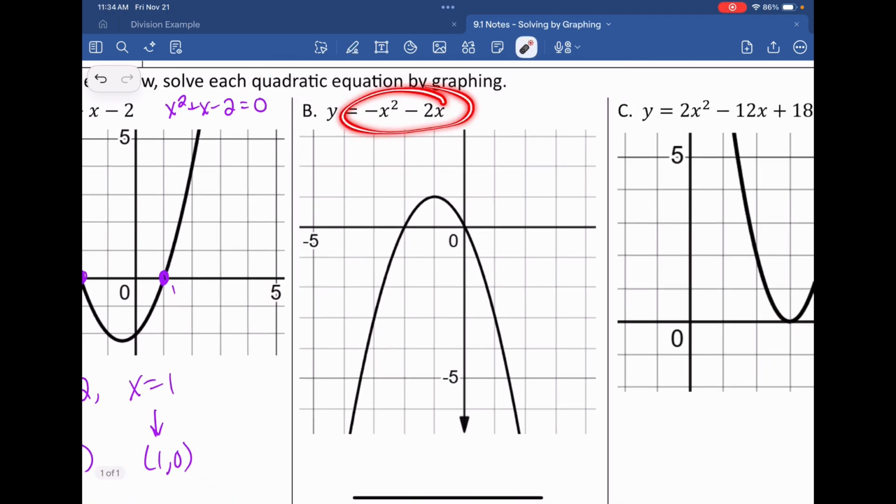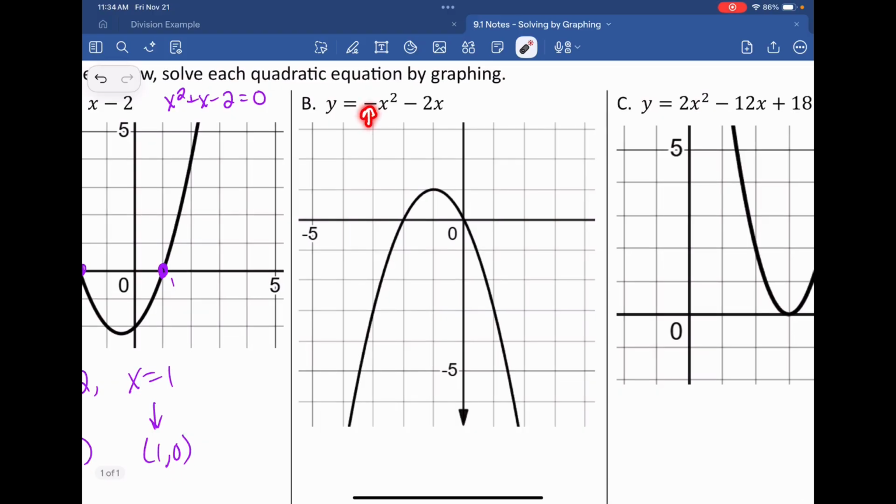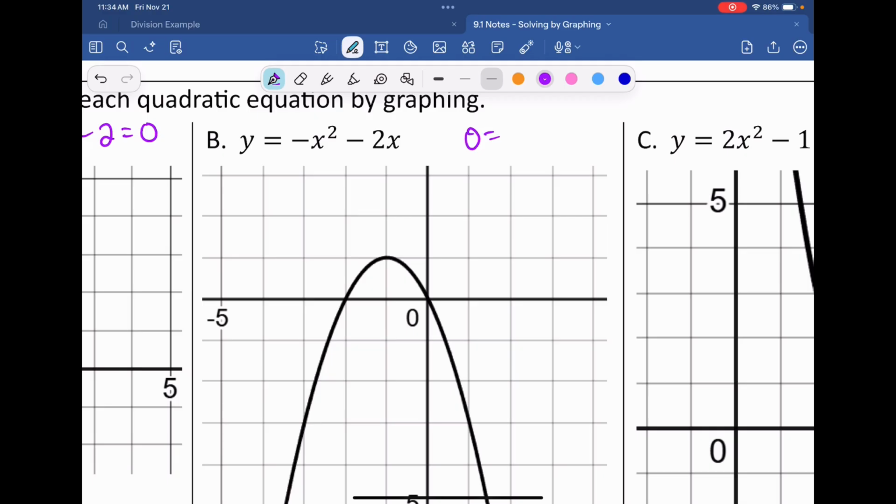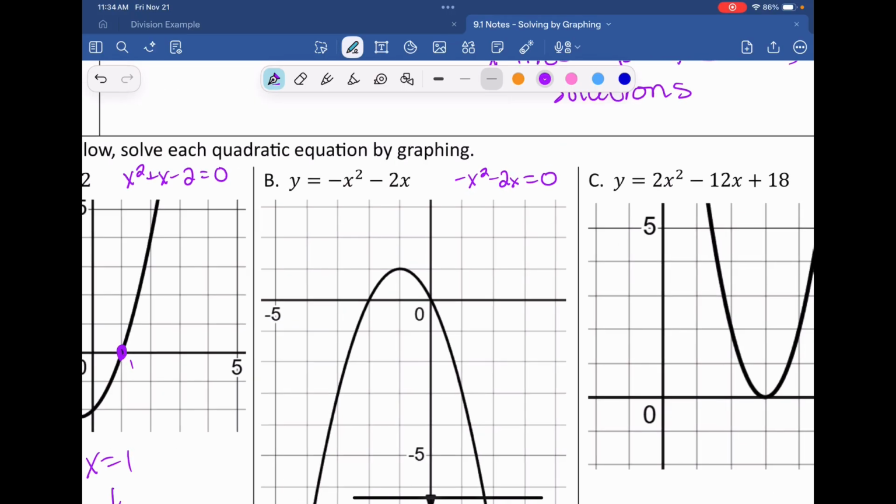In this particular graph, -x squared minus 2x, first thing you should notice is that it's upside down because of that negative sign. And we set that equal to 0. Okay, and I set it equal to 0 because you're solving it. And then we see where it crosses the x-axis.